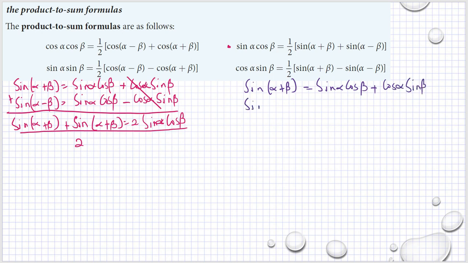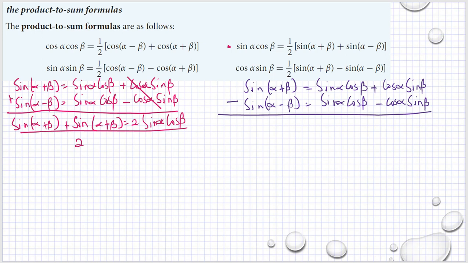And then we have sine alpha minus beta is equal to sine alpha cosine beta minus cosine alpha sine beta. If we subtract this, then this will become 0.